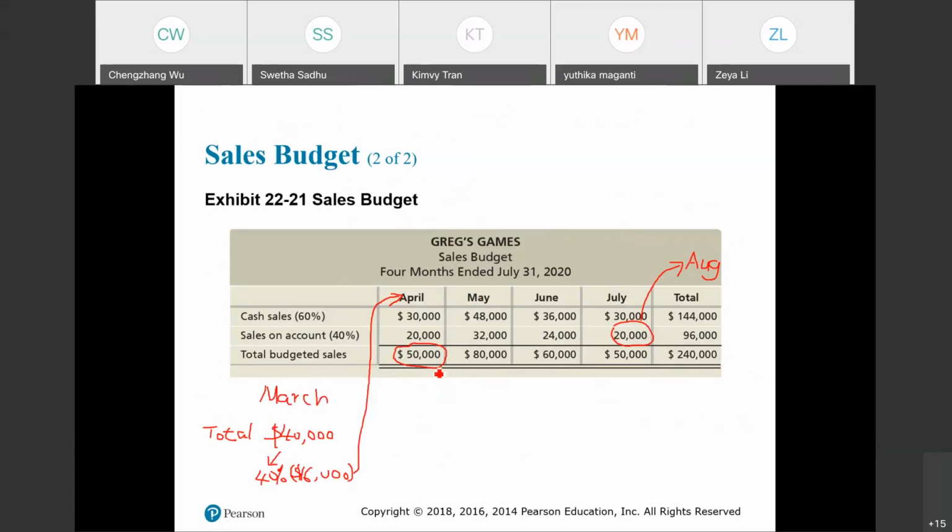So this number times 70% is $35,000. All right, good question.